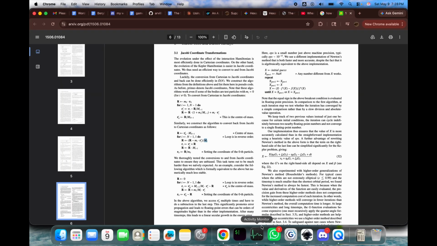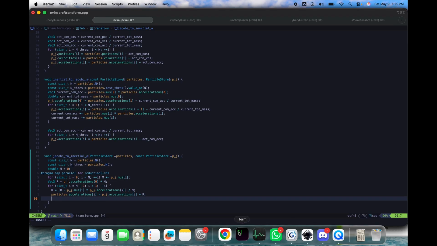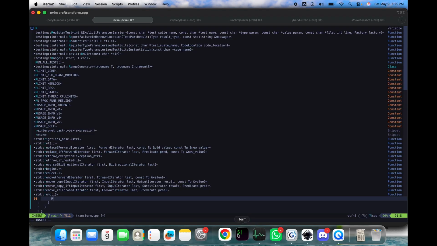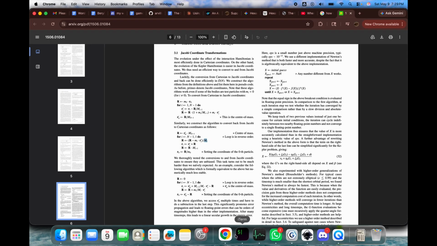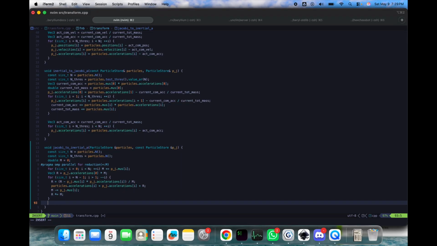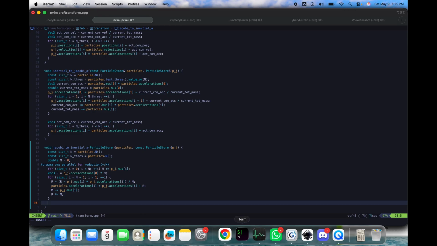And then you multiply equals R by mi minus 1, which can be easily done by doing m minus equals PJ dot mu's index I. And then R times equals M. And at the end of this, it's R over M0.